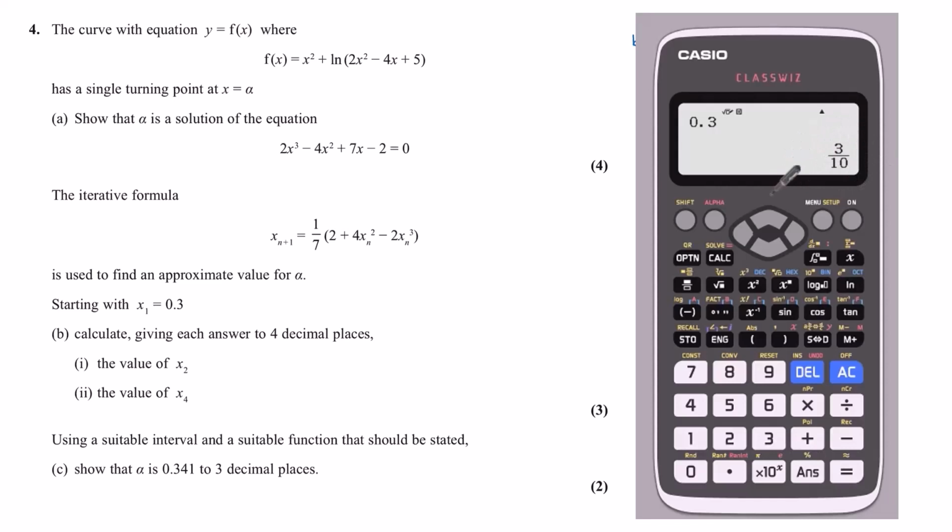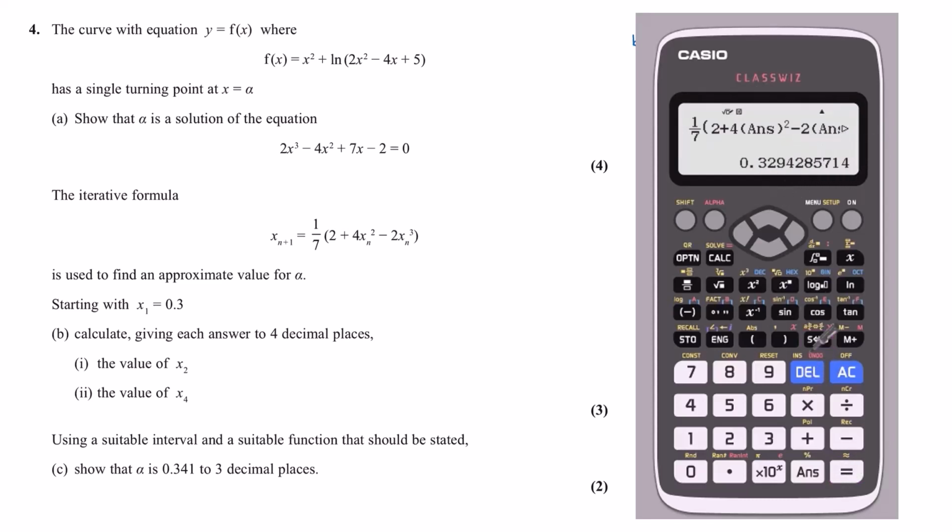So if we go ahead and type in our iterative formula, which is 1/7 of 2 plus 4 lots of whatever our previous term was, in this case it's our answer squared, minus 2 lots of whatever our answer was now cubed. So what I've done is I've typed in the iterative formula on my calculator. So when I hit equals, this finds me my second term.